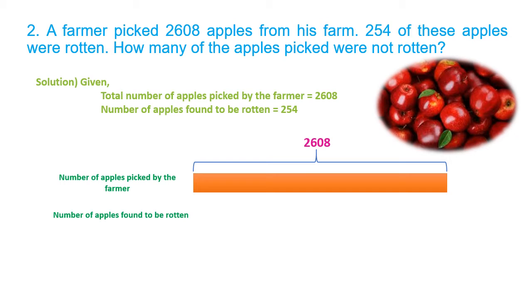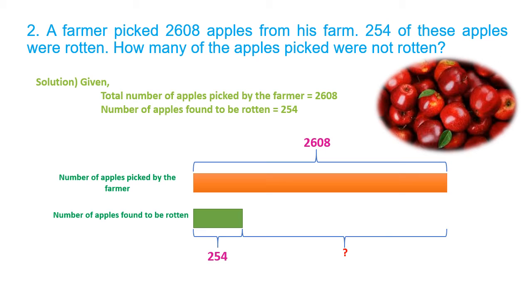And the number of apples found to be rotten is represented by this green bar, which has a value of 254. Now children, we can notice a portion in the orange bar which is not covered by this green bar. Now we have to figure out this portion which is not covered by the green bar, and this will give us our required answer.